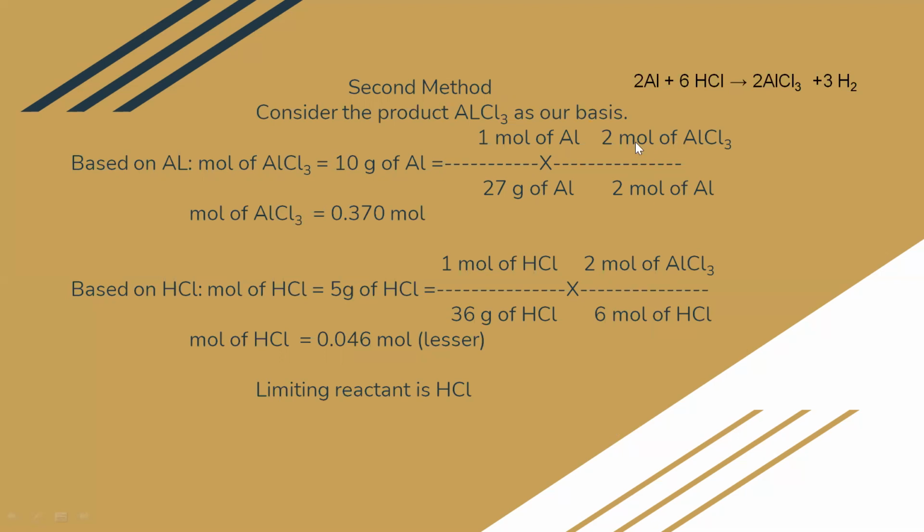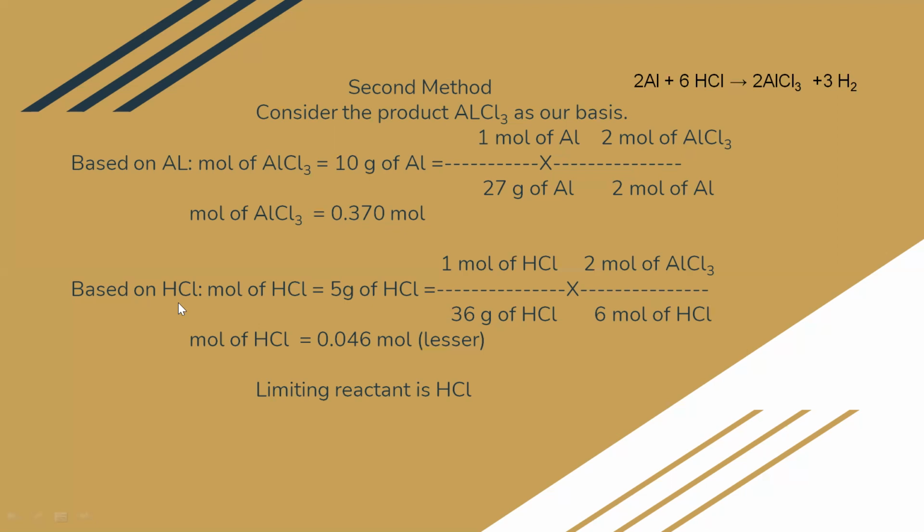Then we have 2 moles of aluminum chloride over 2 moles of aluminum, which came from the coefficients of the equation. Therefore, 10 times 1 over 27, times 2 over 2, the answer would be 0.370 mole. Cancel the units. The remaining is moles of aluminum chloride, so the moles of aluminum chloride is 0.370 mole.